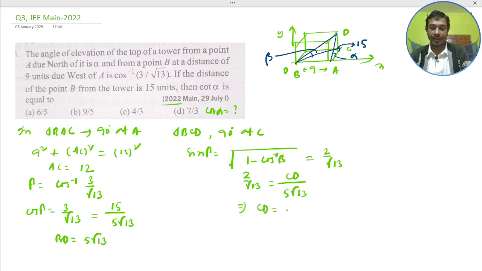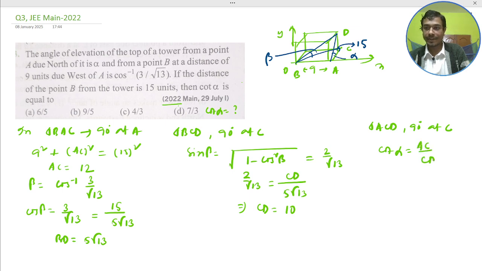So CD would become 10. Next, at ACD, 90 degree at what? At C. So here cot alpha means AC divided by CD. Put this value, 12 by 10 would become 6 by 5. So 6 by 5 would be our answer. 6 by 5, option A would be our correct answer.